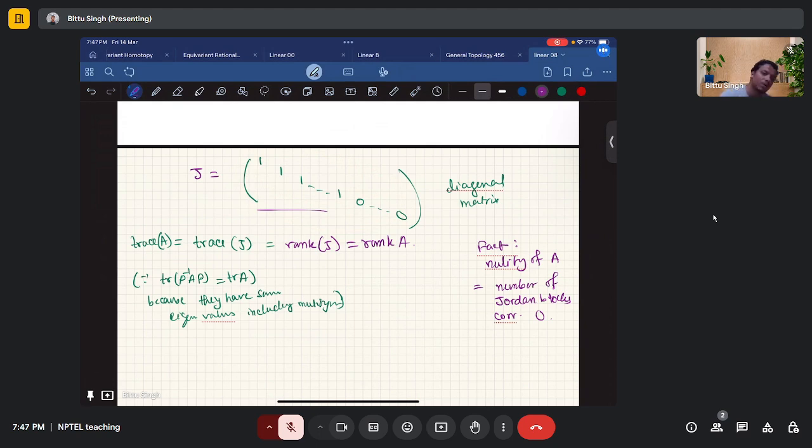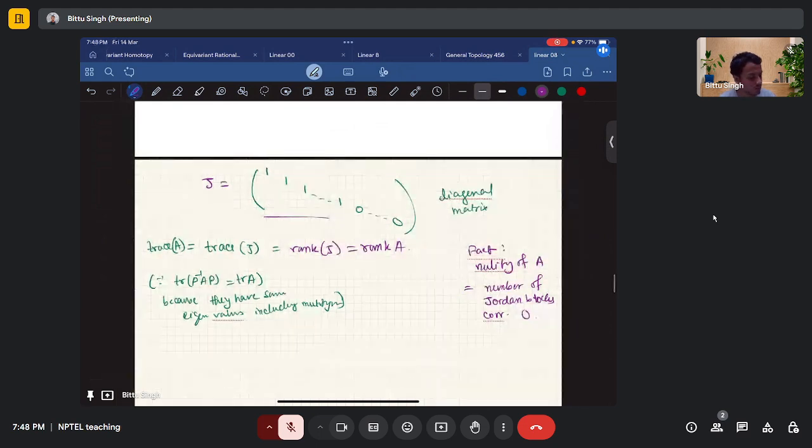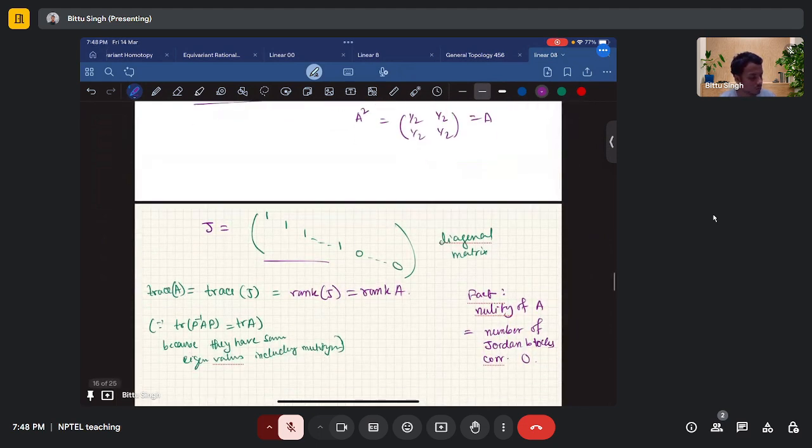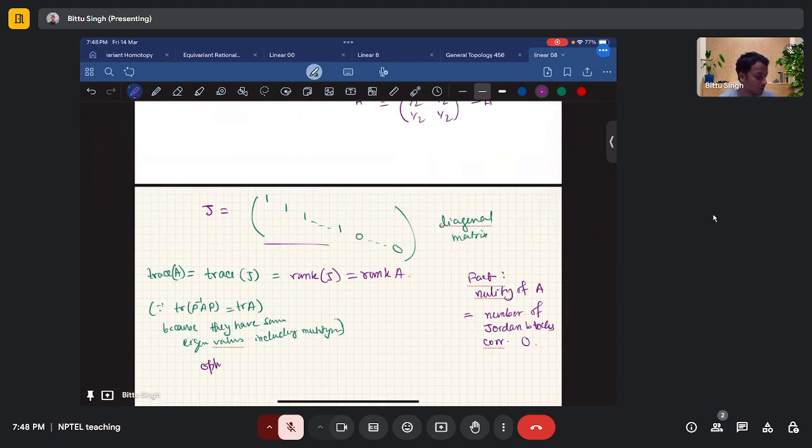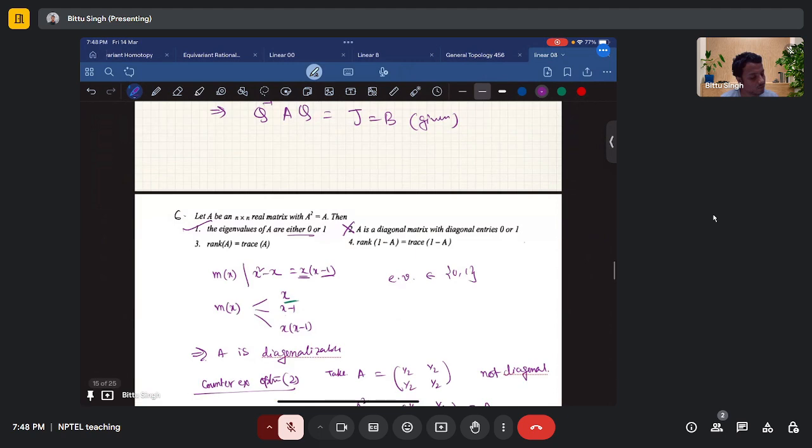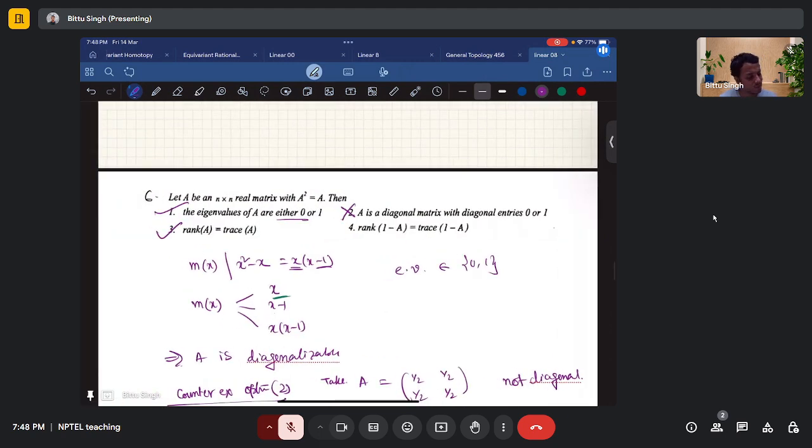If you multiply with an invertible matrix, rank is unchanged. Therefore, this option is true. Therefore, option 3 is true. Option 3 is correct. Rank of A and trace of A are the same.